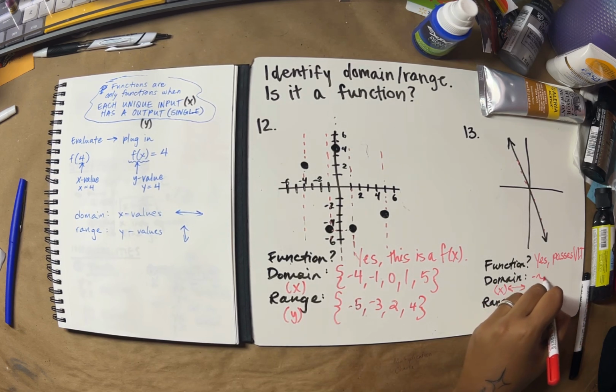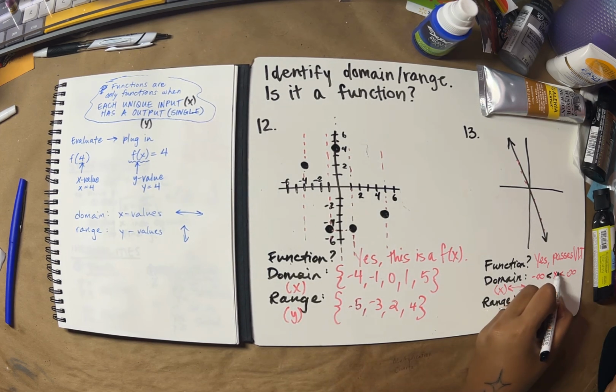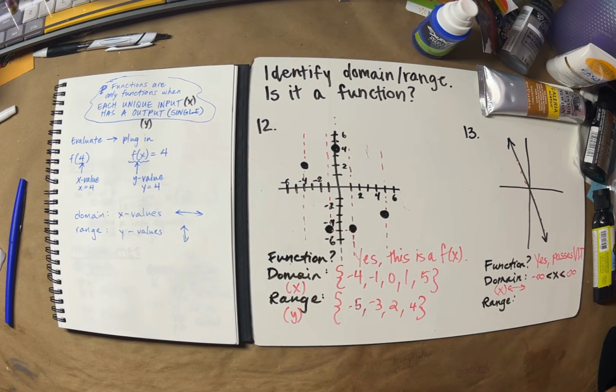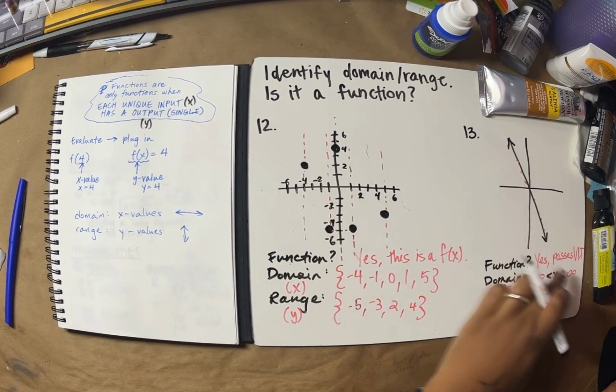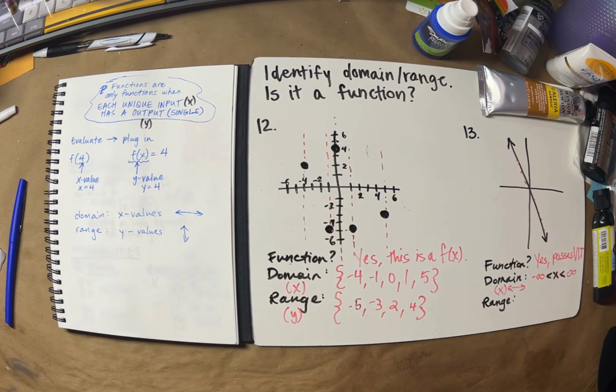My domain is going to be -infinity is less than my x value, because x is my domain, which is less than +infinity. Brilliant. And as a reminder, this never changes. My inequality part never changes for my domain as long as I have a continuous function this way. Again, the previous one didn't have any continuous things going on. It only has specific plots. So this is -infinity to +infinity.